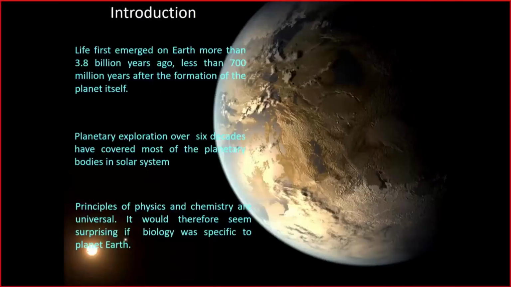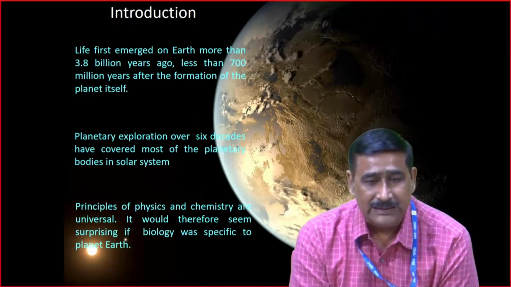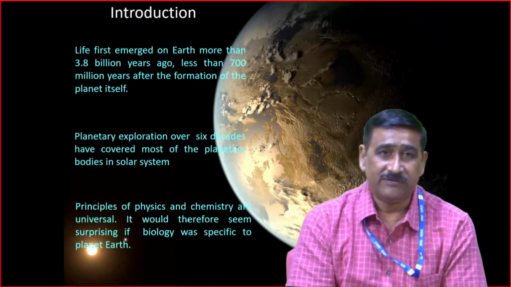So we start this discussion today. We all know that life first emerged on Earth more than 300 billion years ago. It was just less than 700 to 800 million years after the formation of the planet itself.